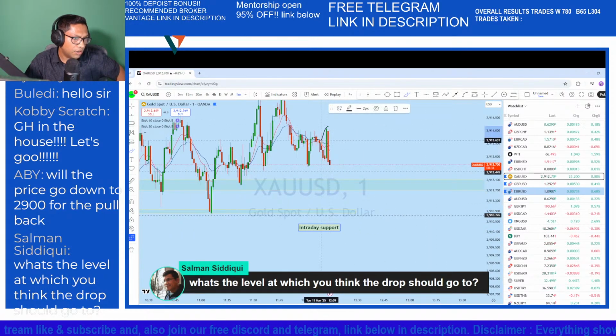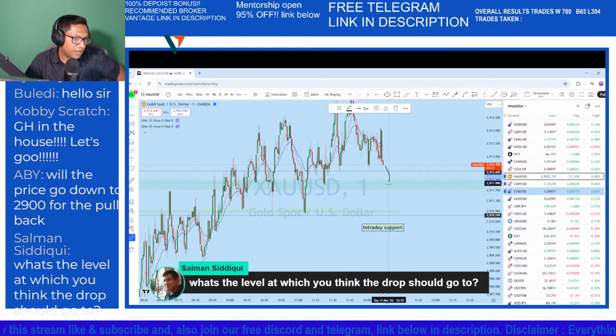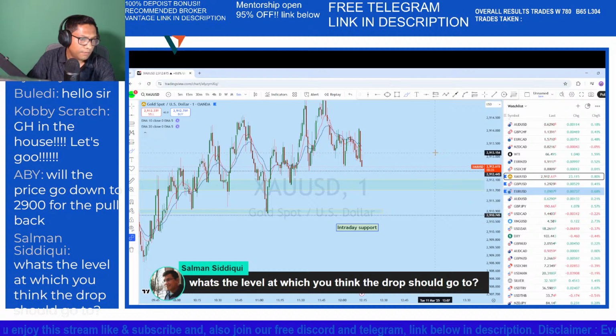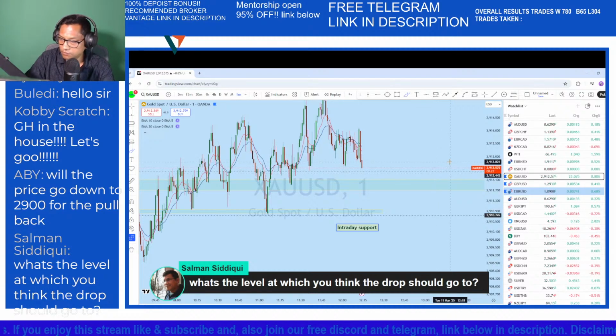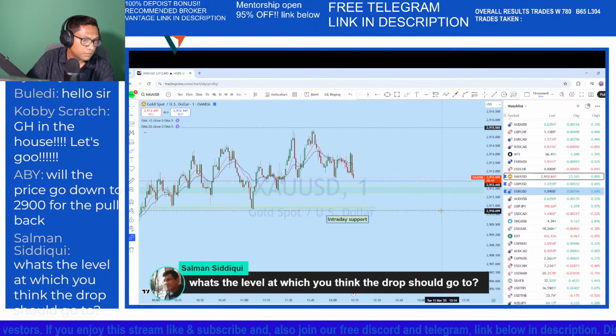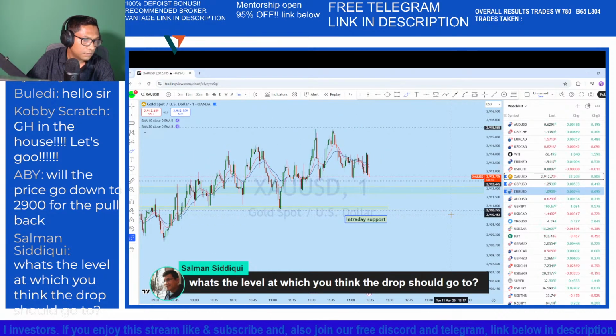So here is some local rejection from the top, and that rejection might lead the price to that support here. Let's see how far it might go.